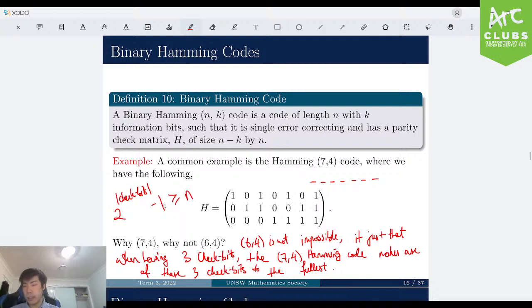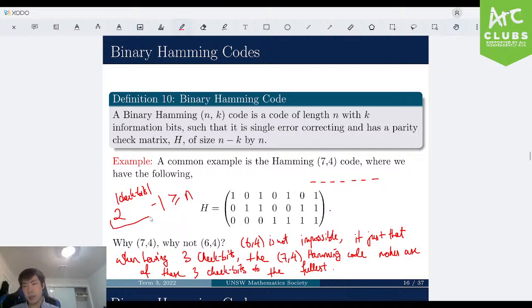You can see a more detailed explanation in your notes, but essentially it's saying you need to have enough combinations of check bits to cover all the possibilities of having a single error. So this left-hand side represents the total number of combinations of check bits that you could have that would help you check if there's an error.